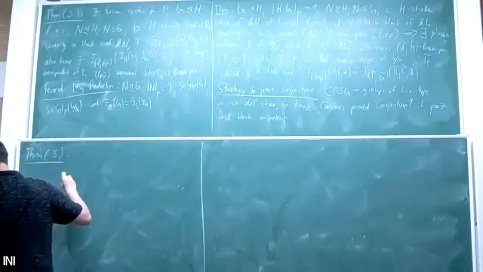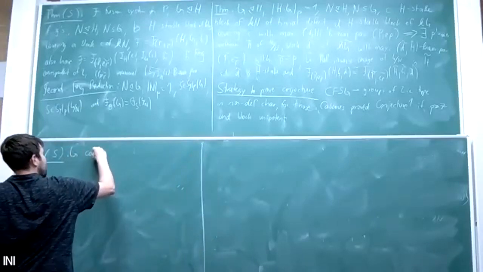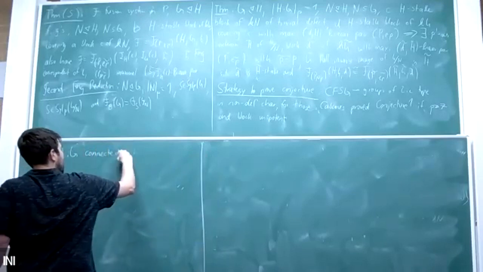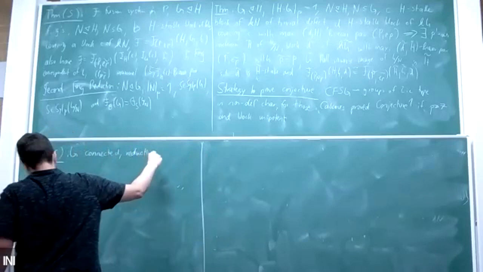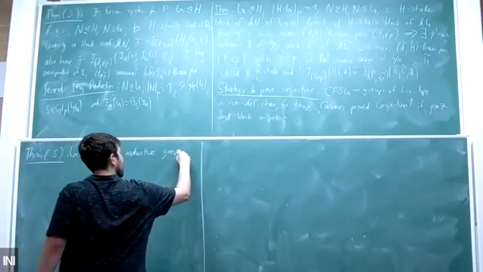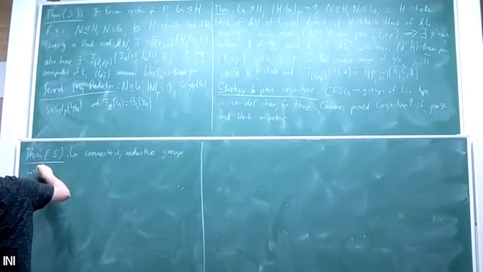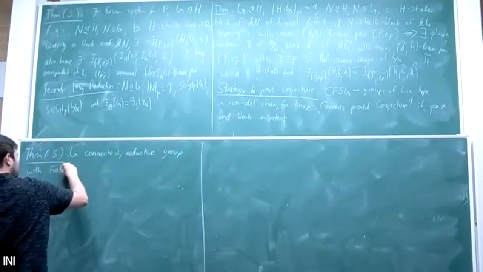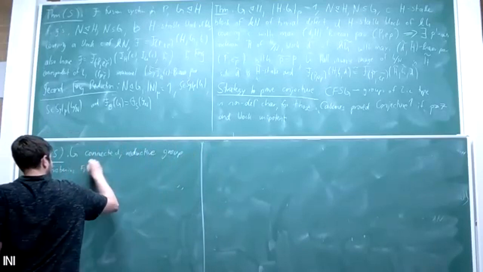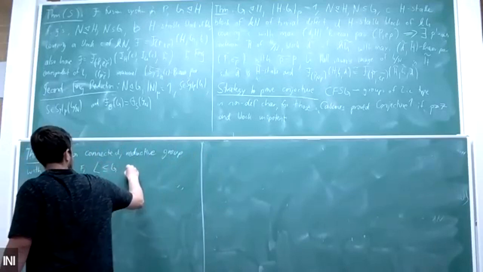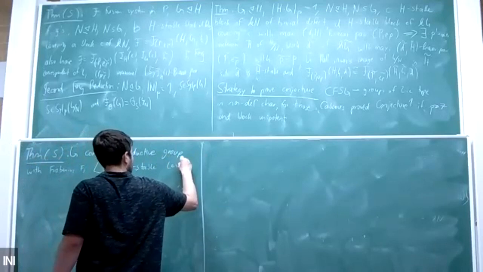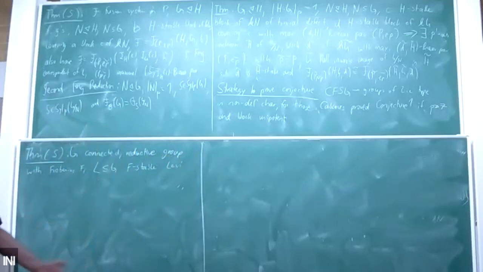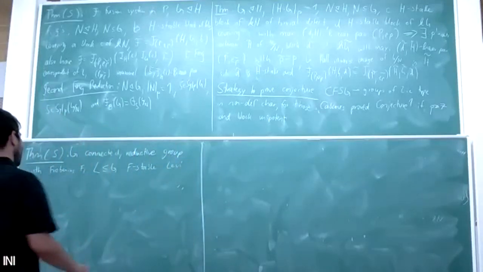So we take G to be a connected reductive group with Frobenius F, and then an F-stable Levi L of G. I should also say that for the rest of my talk, G is no longer a finite group.